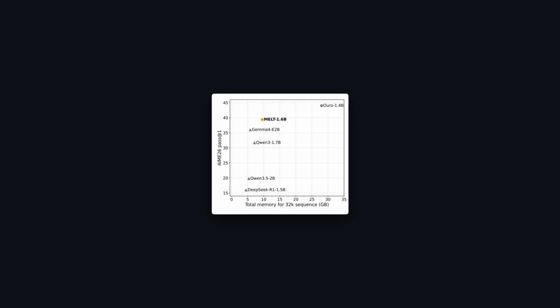AIME26 pass at 1 on the vertical axis, memory at 32,000 tokens on the horizontal. Standard models live on the left, cheap memory, lower accuracy. Ouro lives on the right, high accuracy, brutal memory. MELT sits in the corner that used to be empty, cheap memory, looped model accuracy.